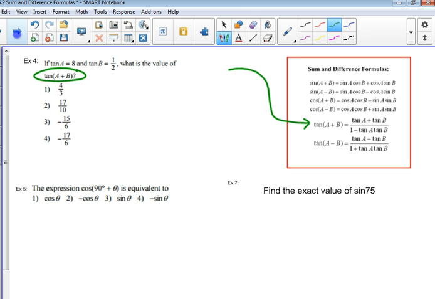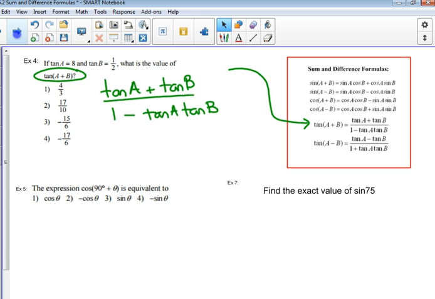Okay, this tan A plus B formula. So the first thing I should do is write everything out. Tan A plus tan B over 1 minus tan A tan B. Right. So once we have everything substituted, let's see what we know.